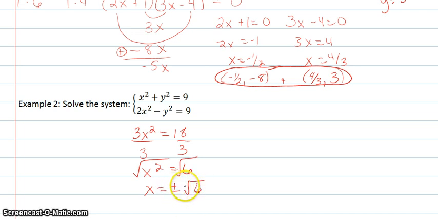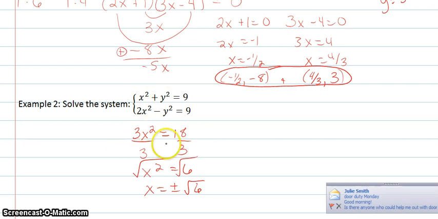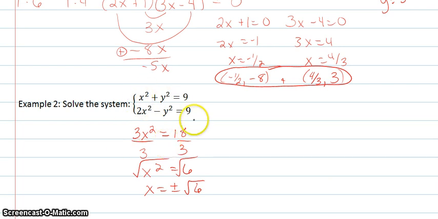Okay, now I can use that to find my y values. So I'll fill that in for the x up here. So I have the square root of 6 squared plus y squared equals 9.